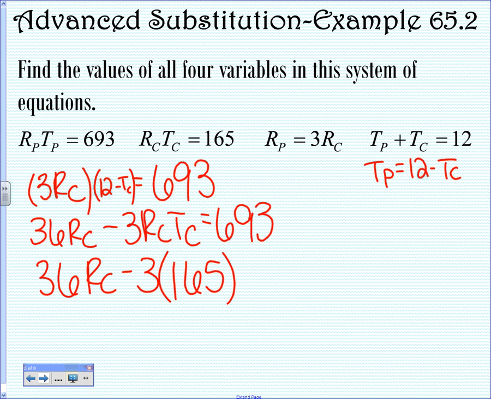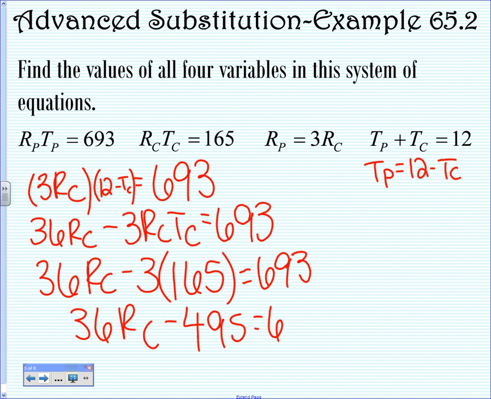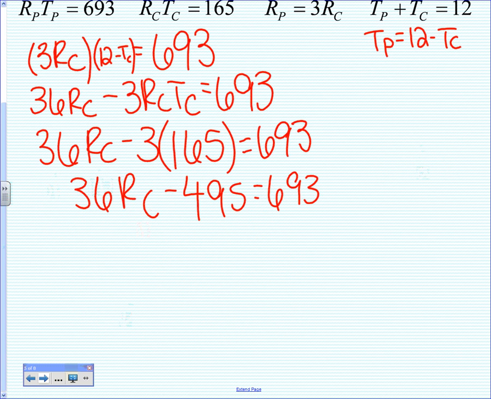You can replace that RCTC with 165. All right. Now what? Minus 495 equals 693. Okay. So 36 RC would equal, okay.